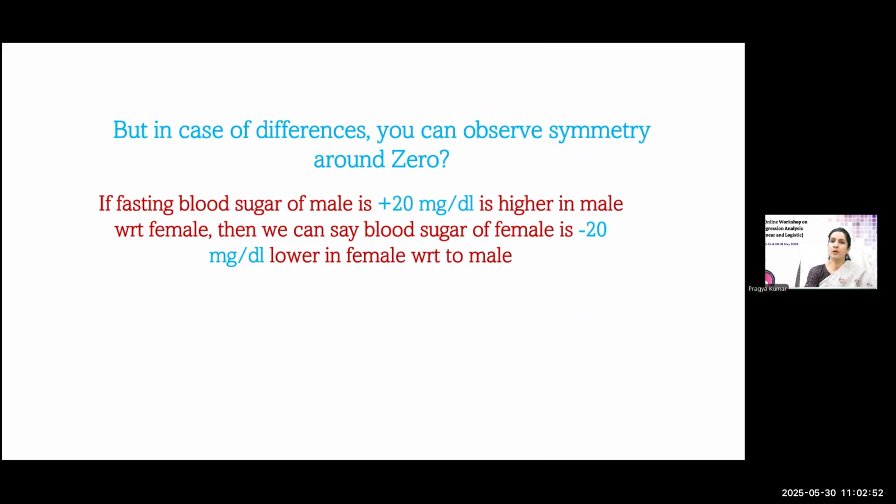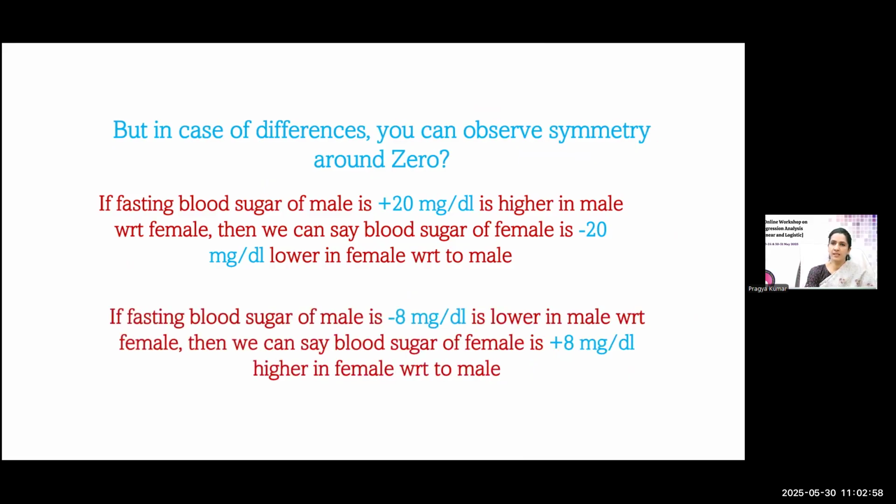If I talk about difference, then I can talk like this, plus and minus. Again, a similar example: if I say that the fasting blood sugar of male is minus 8 milligram percent lower with respect to female, can we say that the blood sugar in female is plus 8 milligram percent higher with respect to male? Can I say like that?